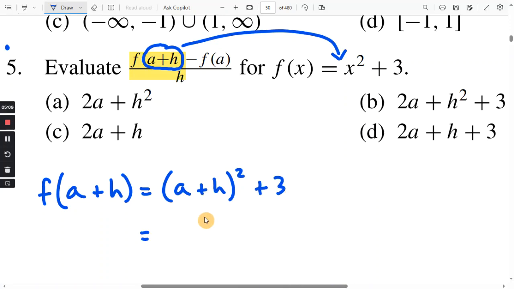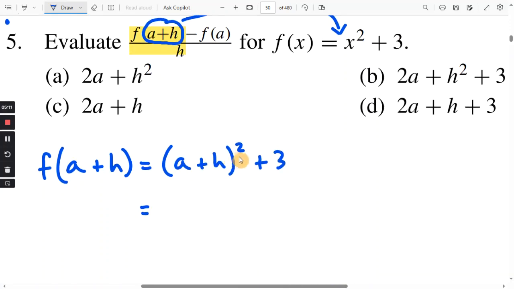I am just using FOIL, a plus h times a plus h, because it's squared. So when you do the first, a times a is going to be a squared. Inner is going to be h times a. Outer is going to be h times a. So that's going to be 2h times a. All right, that's for the inner, outer. And last is going to be h times h, so that's h squared. And we still have plus 3.